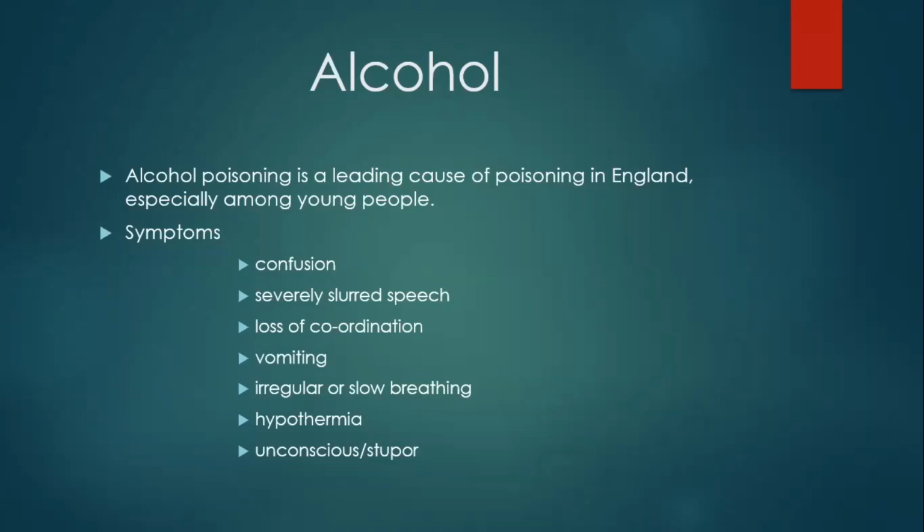So you have to be careful with that, especially if you find out that they're diabetic. And you can have them unconscious or in a stupor. Stupor is when they appear awake, their eyes are open, but they are just not moving. They're just in an alcoholic stupor.